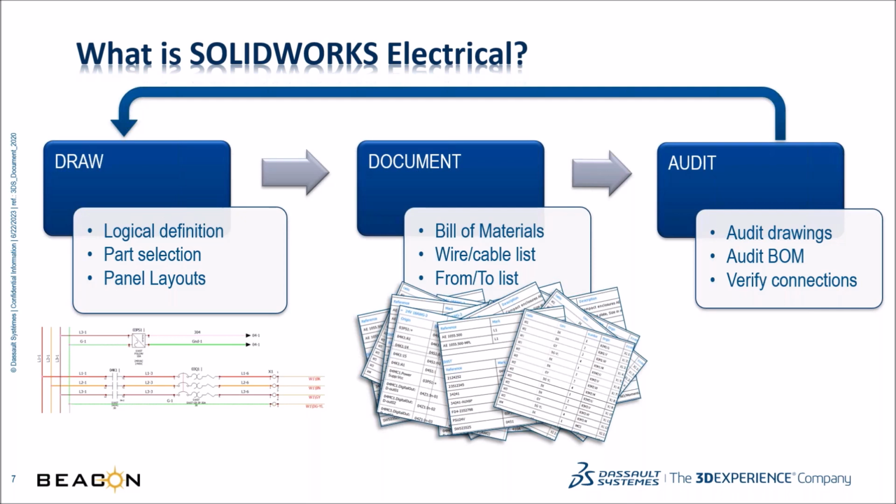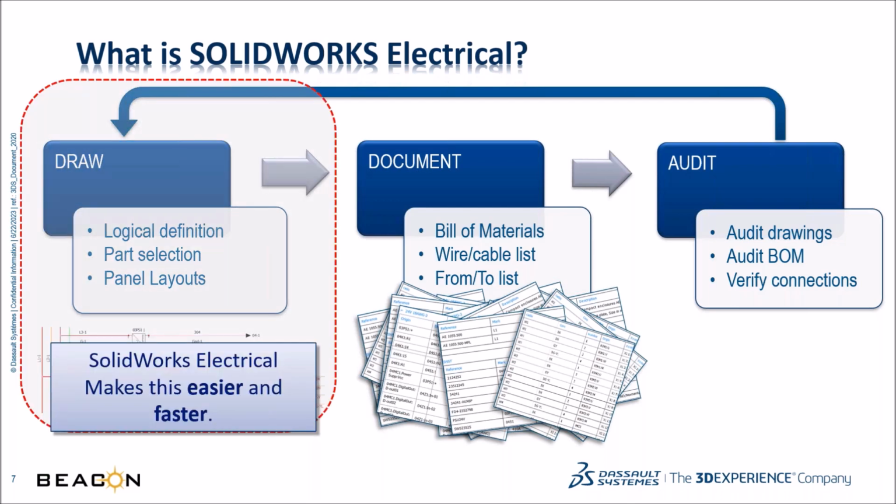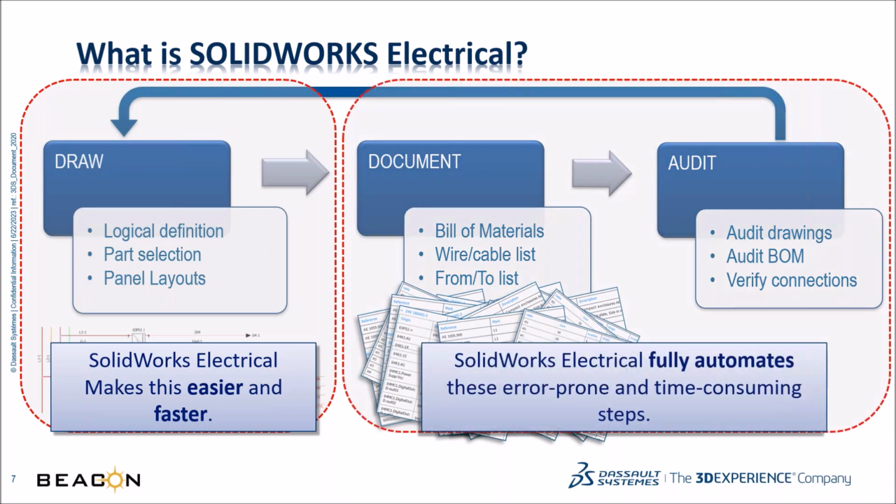So what if we have SolidWorks Electrical? For example, I am going to do a project in the SolidWorks Electrical schematic or 3D. With the help of SolidWorks Electrical, you can focus only on the drawing stage. Whatever drawing you generate, with the help of the library and the manufacturing part properties, will be reflected in your documentation phase, because this phase is fully automated and you don't need to do any manual work in another software.